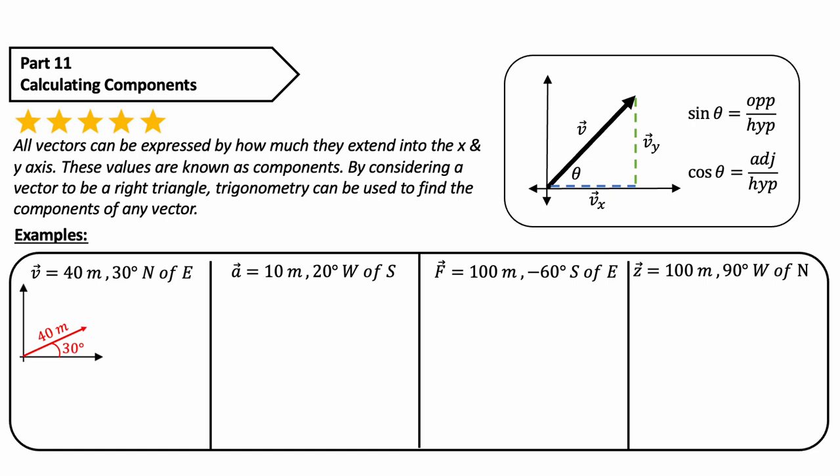We have some very basic trig statements, which are the sine of any angle is equal to the opposite over the hypotenuse. The cosine of any angle is equal to the adjacent over the hypotenuse. These are relationships that help us relate sides of a right triangle to an angle in that right triangle.